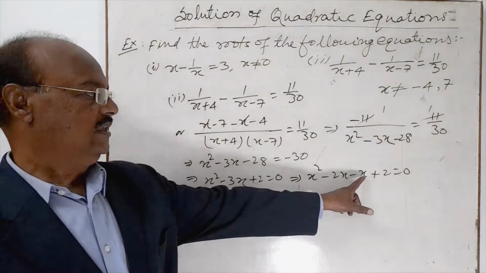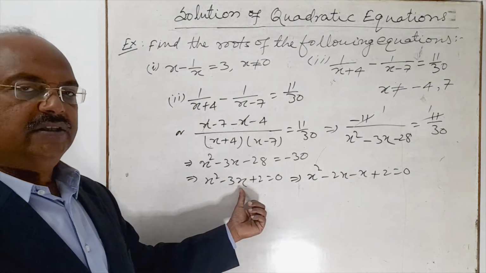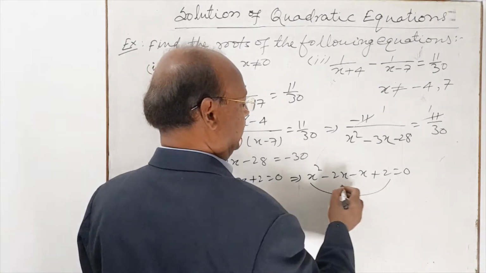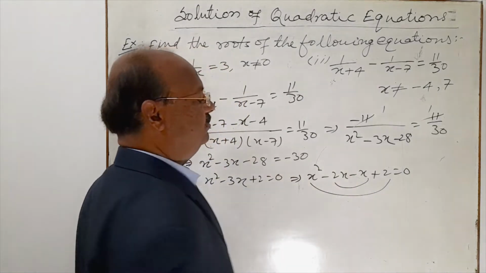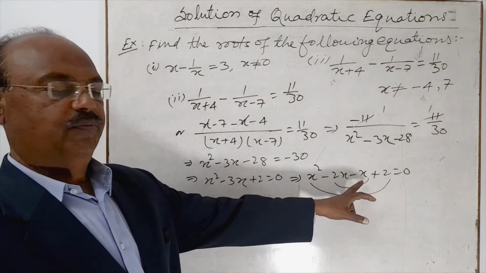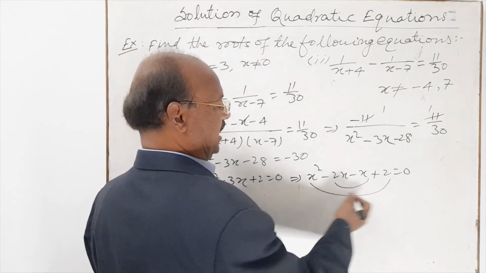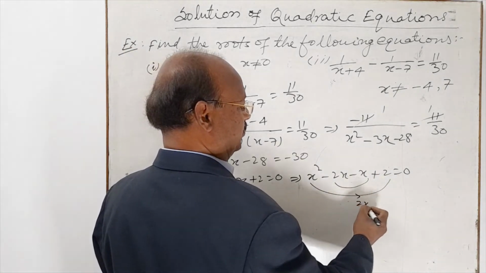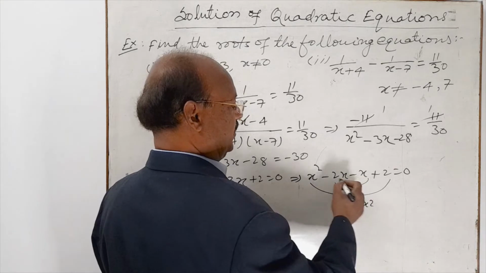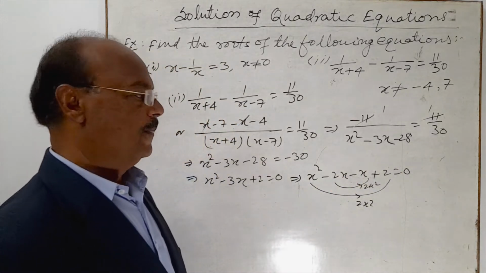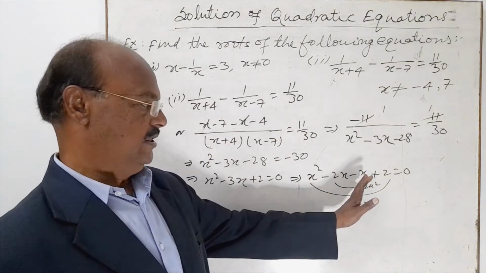This minus 2x minus x is nothing but minus 3x. Whenever you multiply the first and last term, it should be equal to the multiplication of the two middle terms, which is 2x square. This is the condition for splitting the middle term.